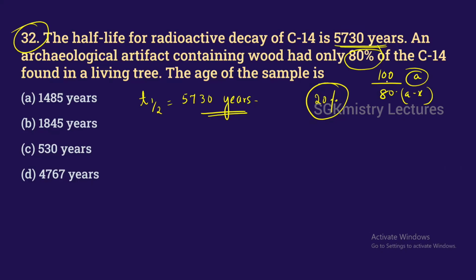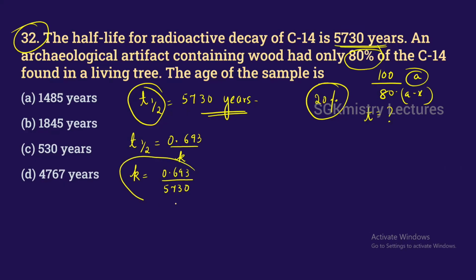Now, the age of the sample. Age of the sample means we are finding out what is t. But they have given the t half. Now using t half, you can find out k, right? So let us first write the equation for t half. t half is equal to 0.693 by k. So k is equal to 0.693 divided by t half, that is 5730.